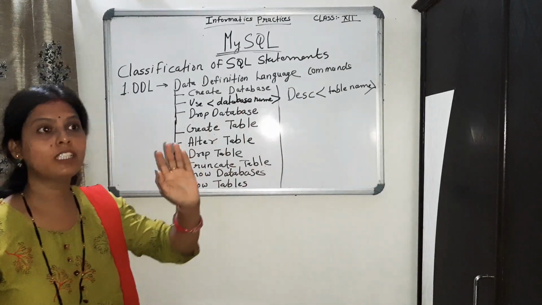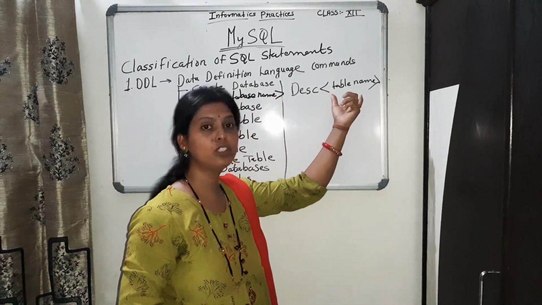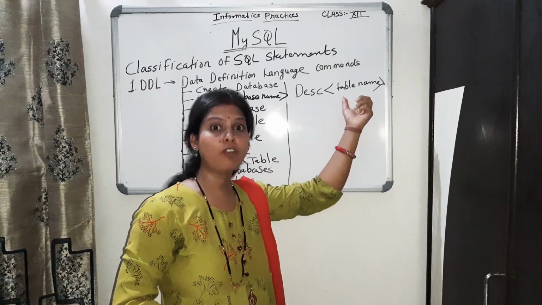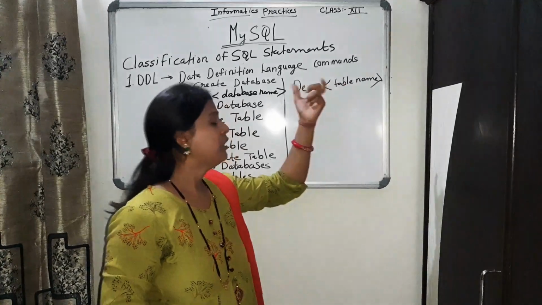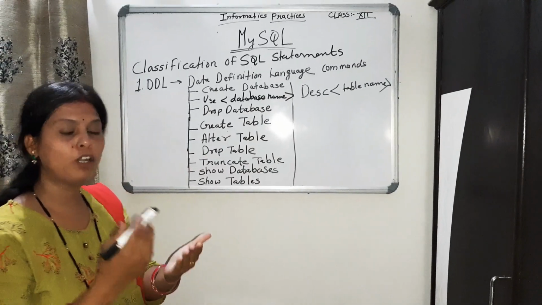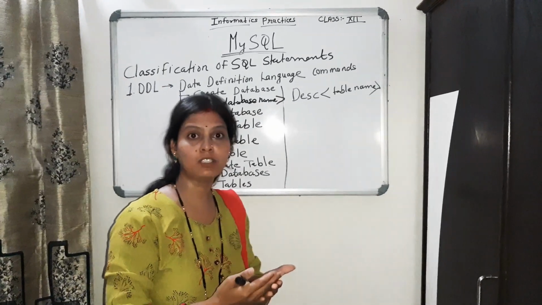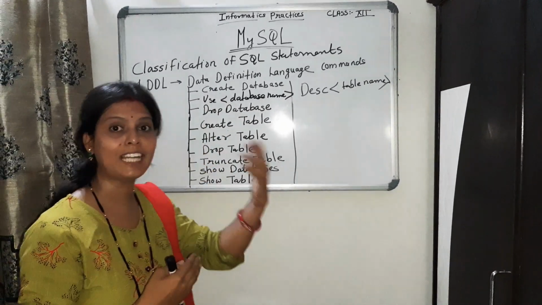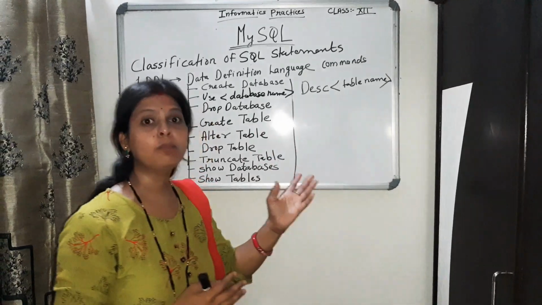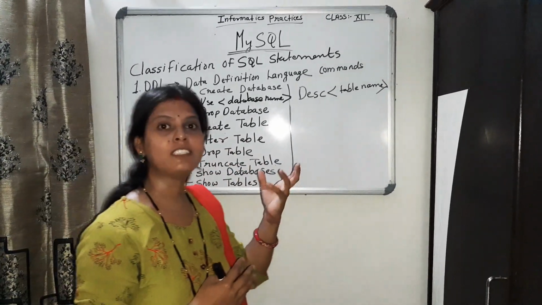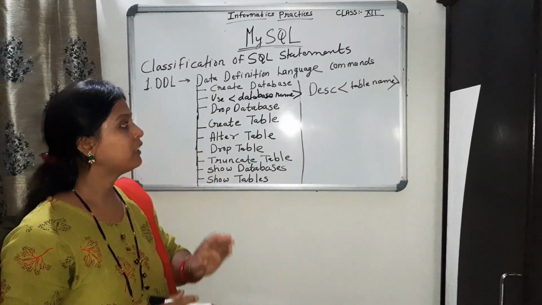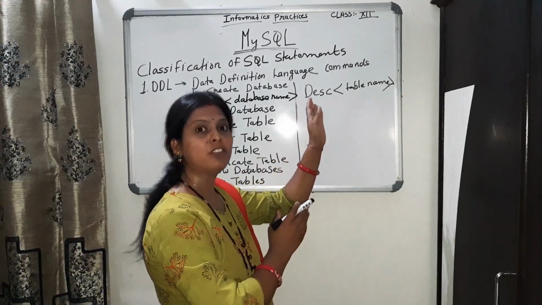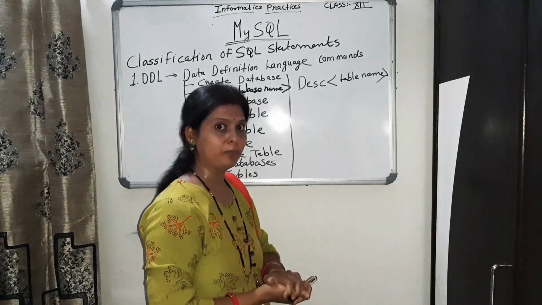It will describe the table structure. Here you have to use the name of the particular table. Describe will show the number of columns, the data types used, the size of the particular column, which column is assigned the primary key, and which column has a foreign key. All these details you can see with the help of the describe command.